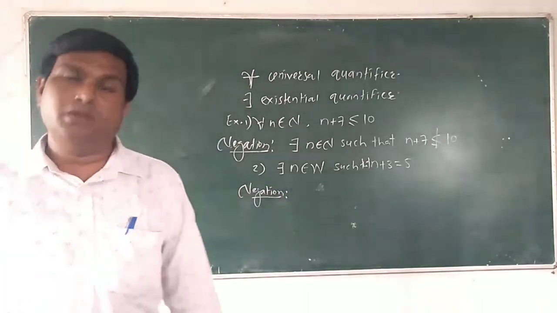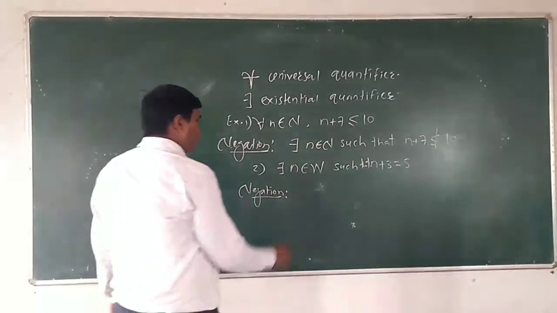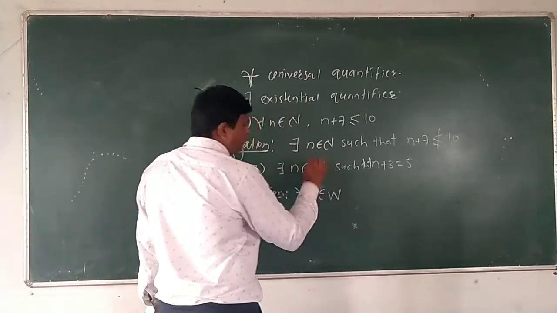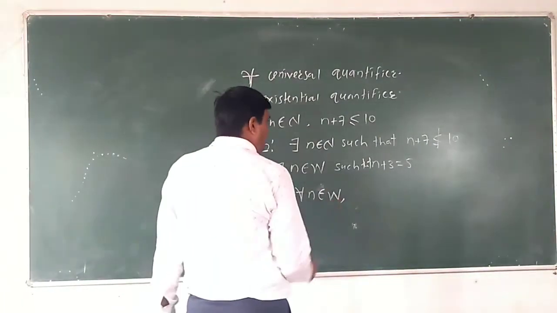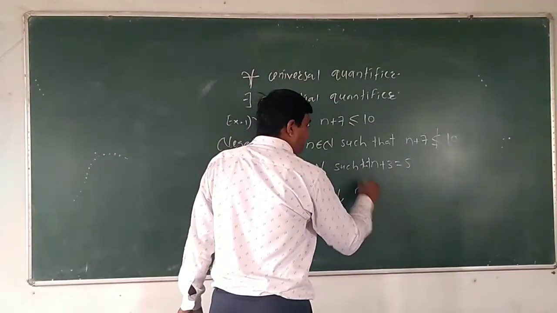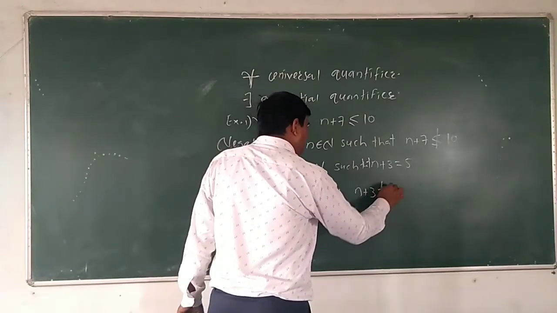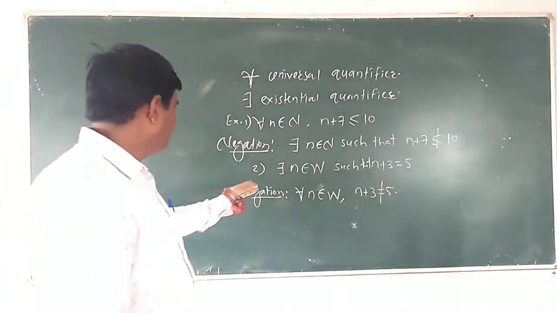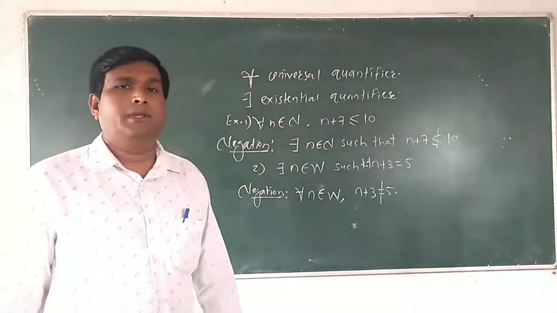Then its negation will be: for all n belonging to whole numbers, n plus 3 is not equal to 5. This is the negation of the given second statement.